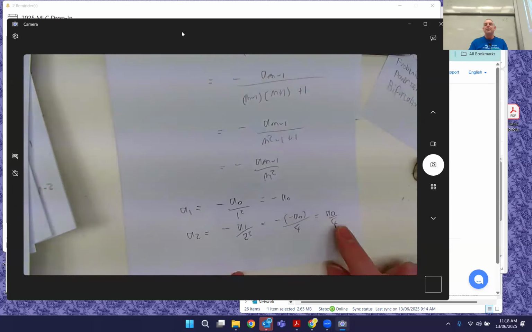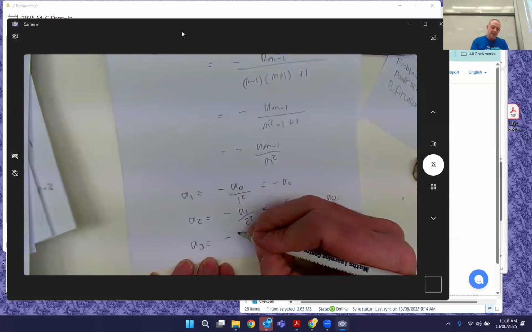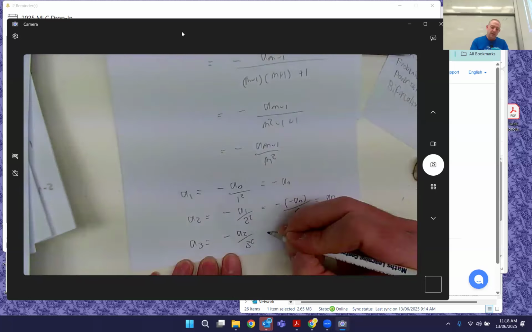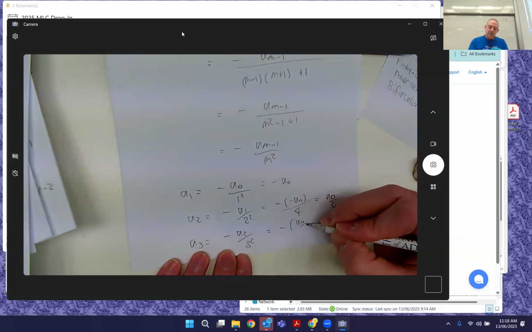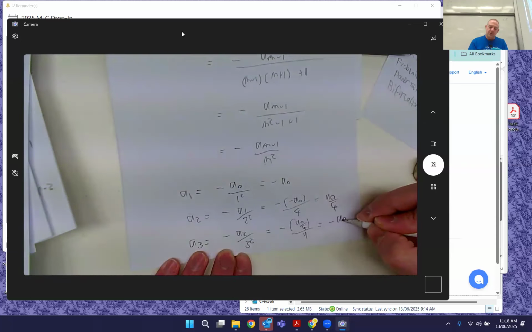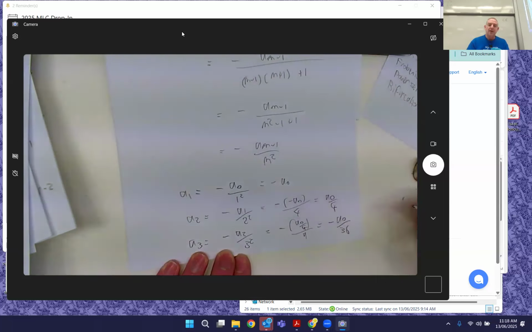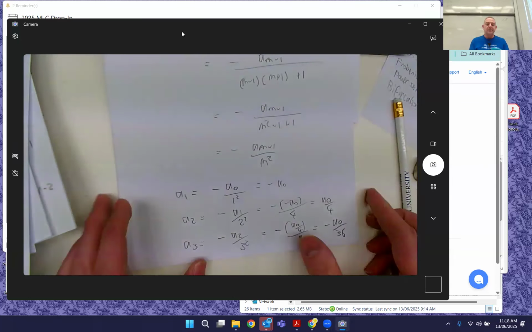And so each one of them will be able to be written as a multiple of a_0. And a_3 will be minus a_2 over 3 squared, which is minus a_0 over 4 over 9, which is minus a_0 over 36. And so this is going to get more and more extreme.